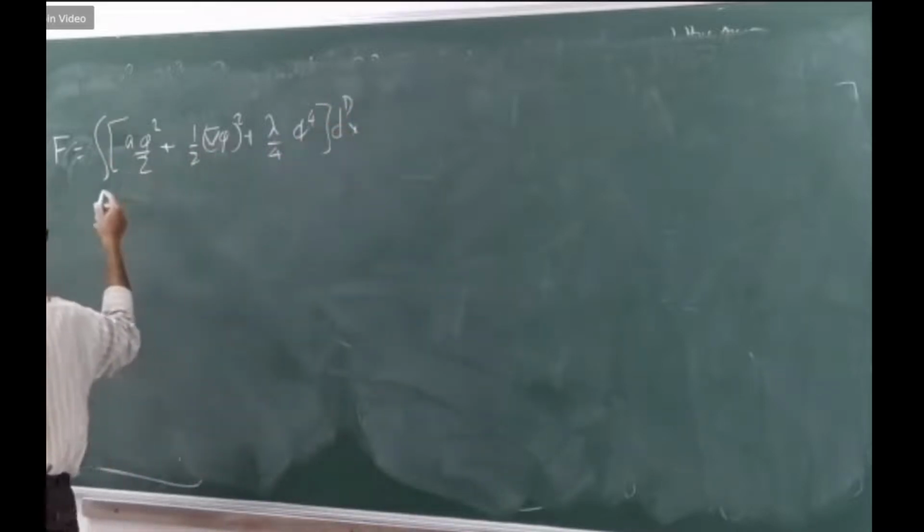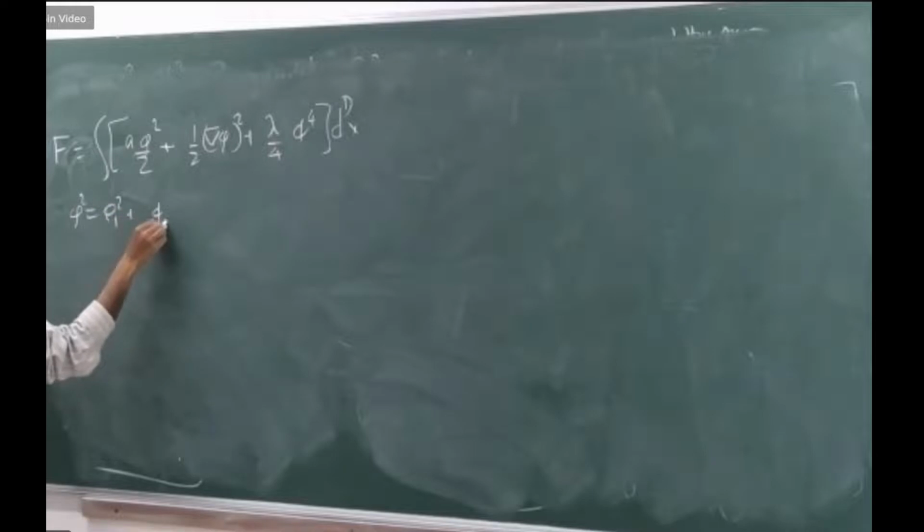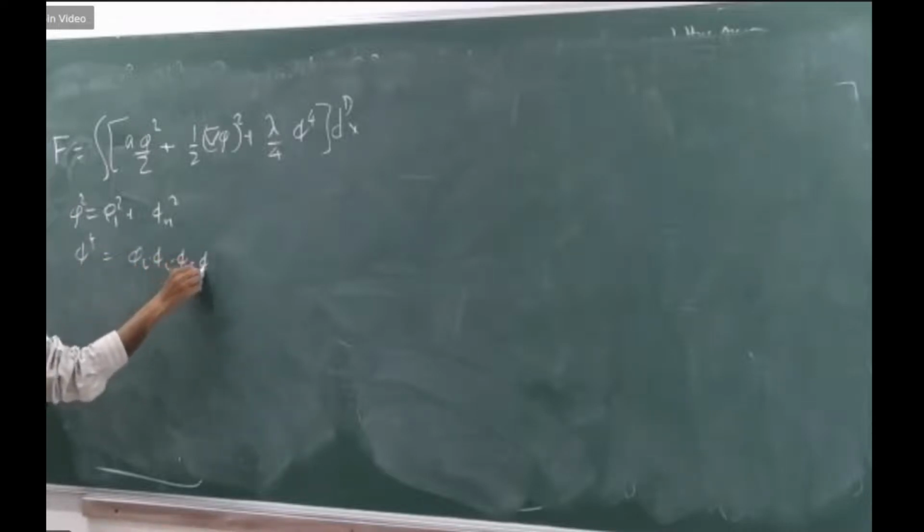If I were to use the n vector model, if phi square is phi 1 square plus up to phi n square, then the phi 4 would have to be phi i phi i phi j phi j.